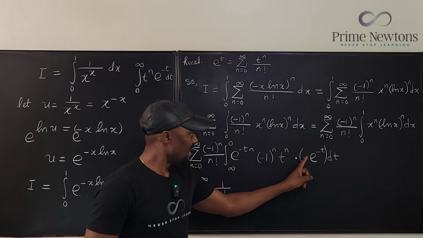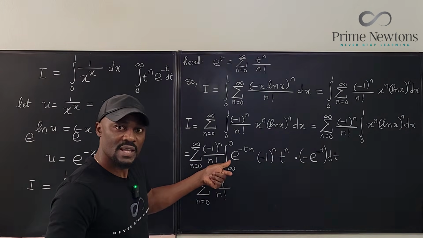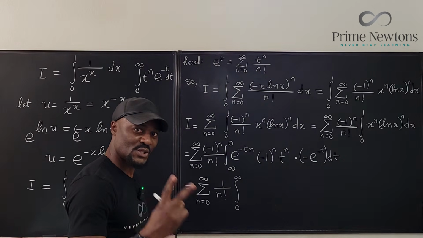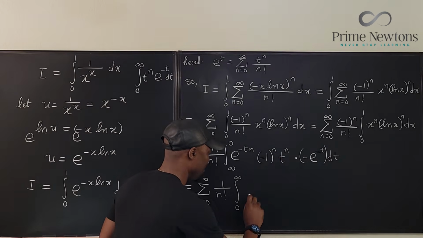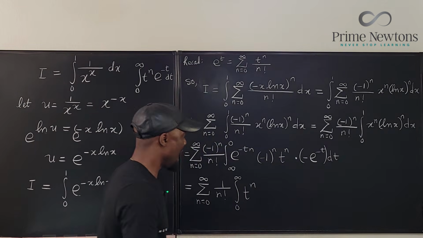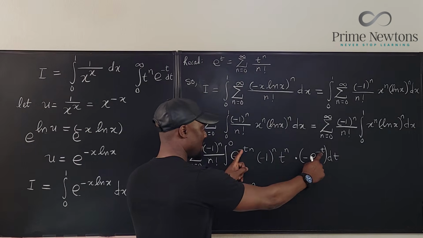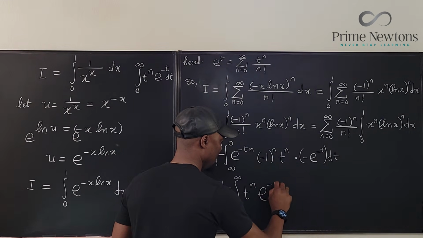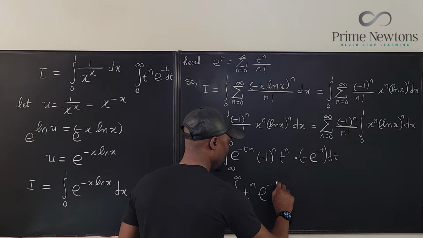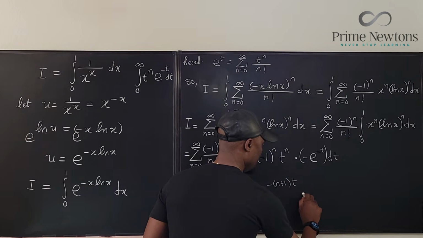This minus sign actually can help us flip this. The third thing is I can write t to the n here. And this is e. So remember, when you multiply two things together, you add the exponents. So if I add these two, it's going to become e to the negative n plus 1 t dt.